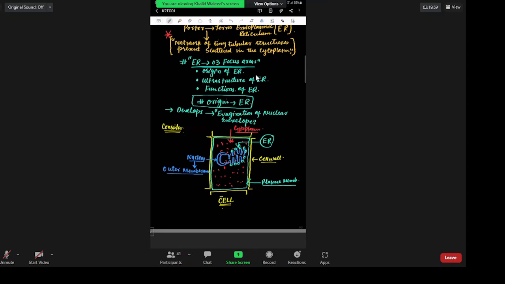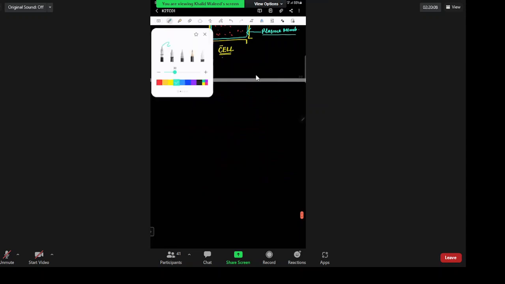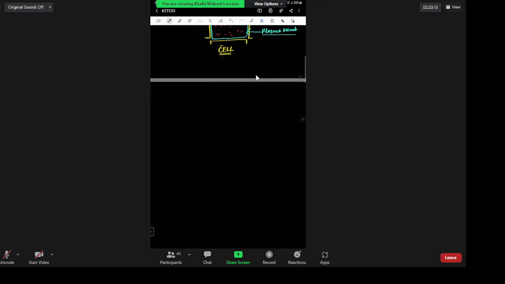Now, the second aspect regarding this ER which we need to explore is its ultrastructure. ER के ultrastructure की बात करते हैं. Here I am going to write it. Ultrastructure of ER. Ultrastructure, I mean to say electron microscopic structure of endoplasmic reticulum.